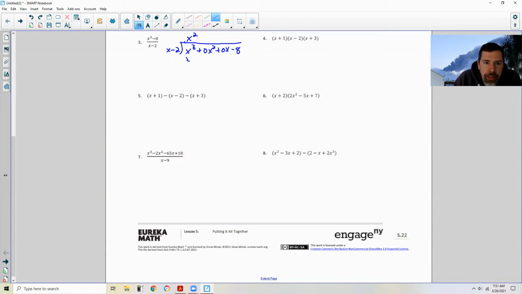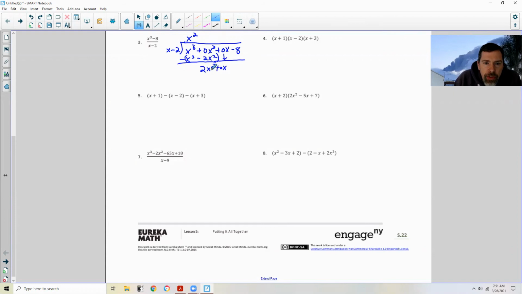X squared times x, x cubed. Subtract. X squared times a negative 2 is negative 2x squared. Okay. So x cubed minus x cubed is 0. 0 minus a negative is plus 2x squared. Okay, bring down the 0x.